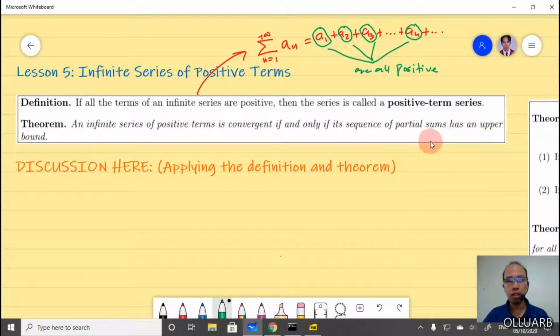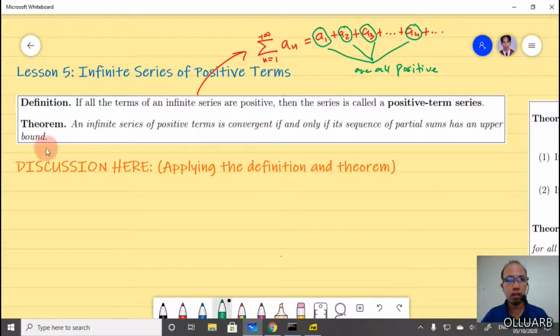This means that if the sequence of partial sums has an upper bound, then that series is convergent. That's what this theorem means. Sorry for the first explanation. All you have to do is to get the sequence of partial sums, and if it has an upper bound, then the positive term series is convergent.